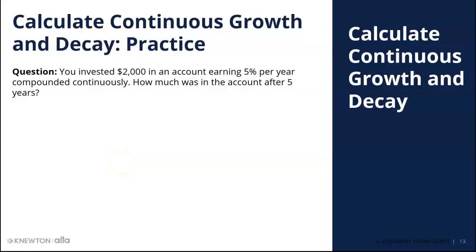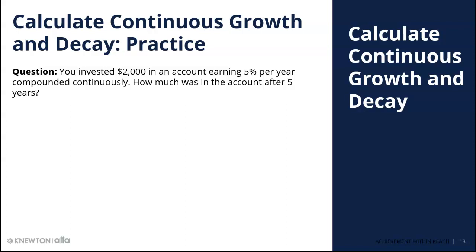So to apply this, let us consider the following problem. You invested $2,000 in an account earning 5% per year compounded continuously. How much was in the account after 5 years? The first step to solving any word problem is to identify what is given.